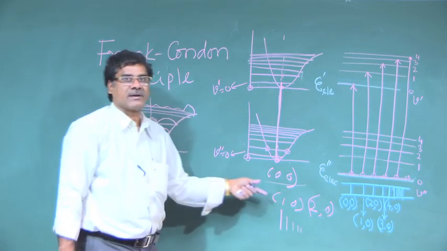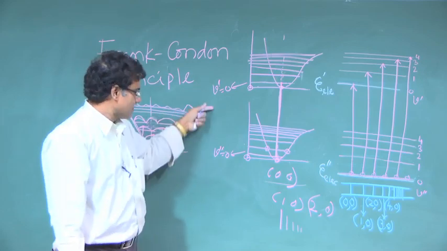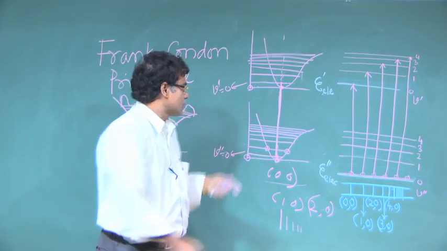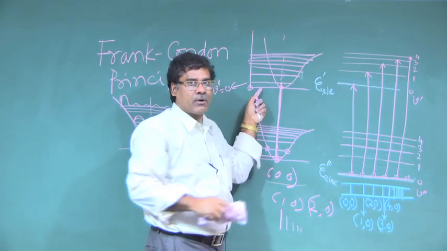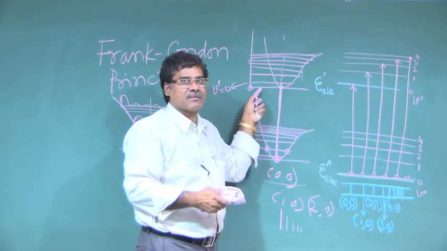So this is the Franck-Condon principle, and the intensity varies. This is one situation I have shown you. I think I will continue the discussion, it will take some time.